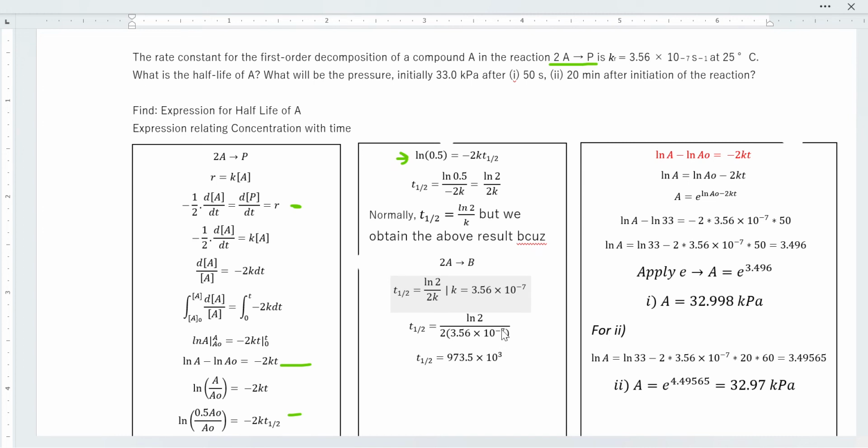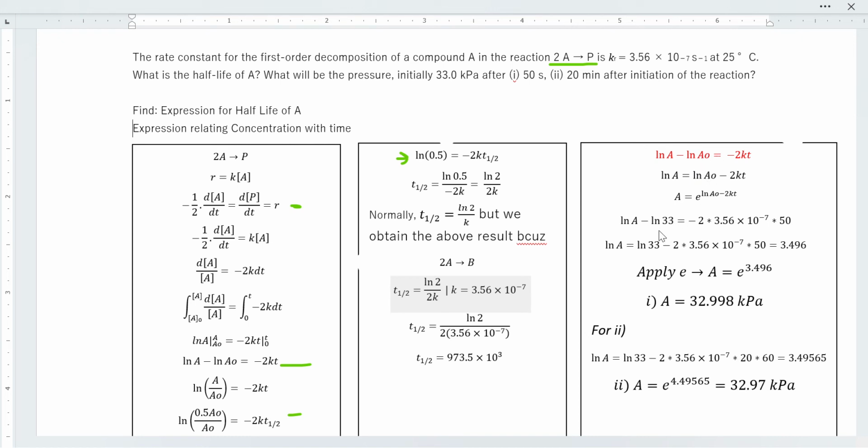Now let's go to part 2 of the question. It says: what is the pressure after 50 seconds when the initial pressure is 33 kilopascals. Let's say my reaction is a gas-phase reaction. In the case of gases, I can equate pressure to concentration. So for A naught, I'll just substitute 33 kilopascals.